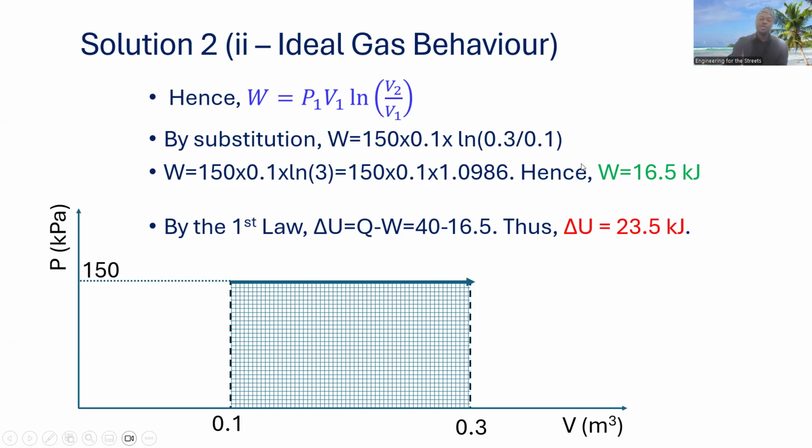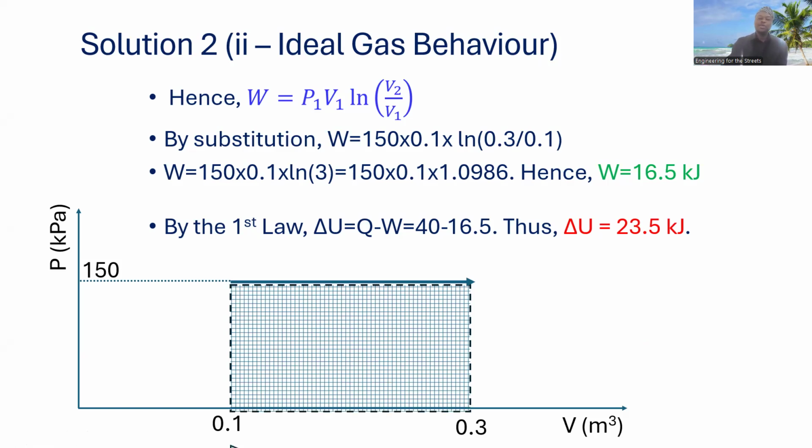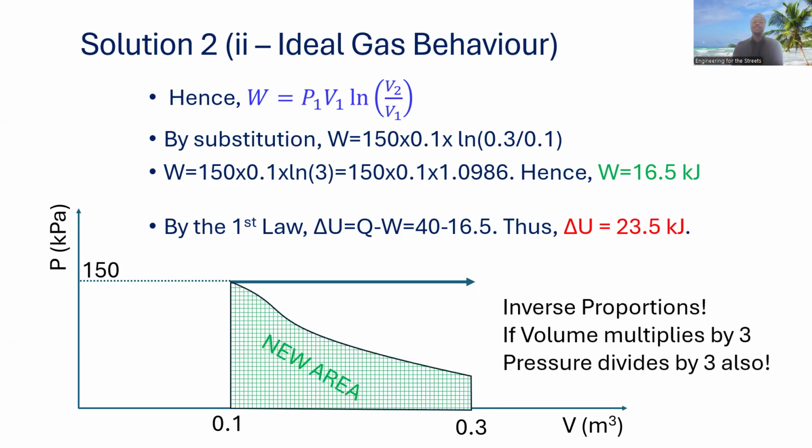kilojoules. And so here we have represented the work done at constant pressure. But under ideal gas behavior, there's a deviation from the constant pressure condition, and we have something like this, an inverse relationship between pressure and volume.